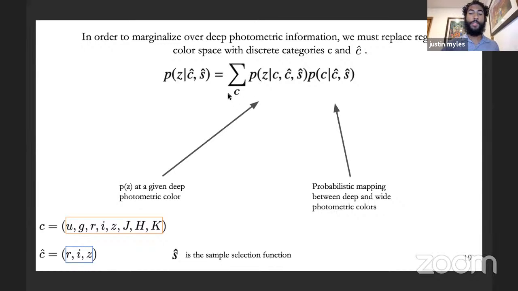And we have to sum over the deep categories and figure out what is the p(z) in each deep category, and then the probabilistic mapping between the two categories. So this is just replacing that integral with something that's more tractable. One other term you're seeing here is S hat. This is just our sample selection function, which is a dependency of each of these respective terms. We have to make sure we're applying it to every sample.